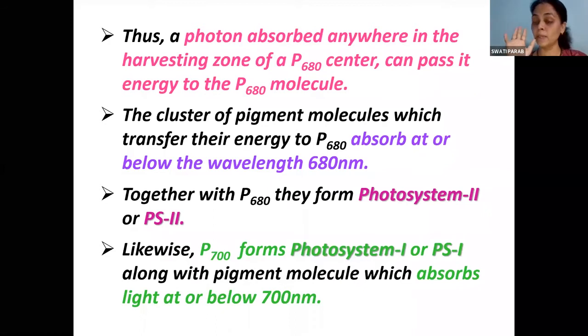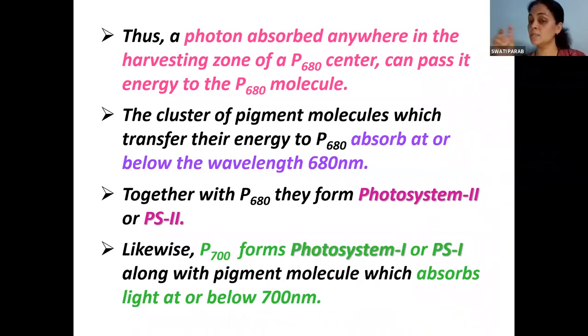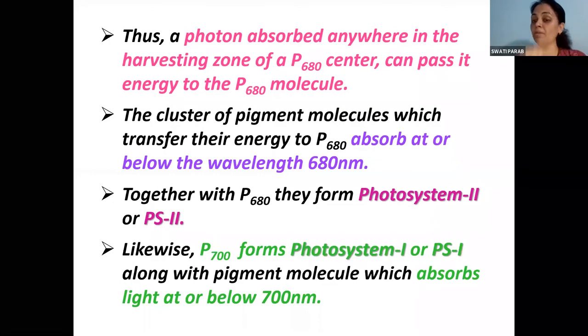So here, understand this much: when light energy up to 680 nm is absorbed, then only it will pass on to the P680 molecule. If light of wavelength 700 is absorbed, then only it will pass on to the P700 chlorophyll molecule.